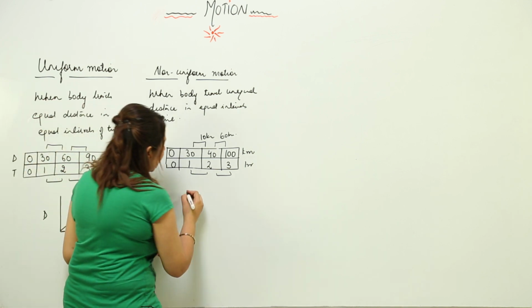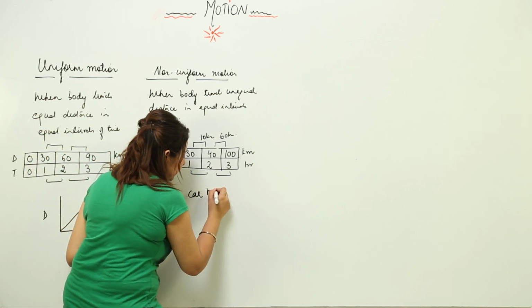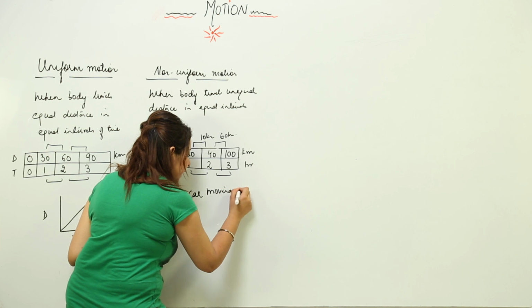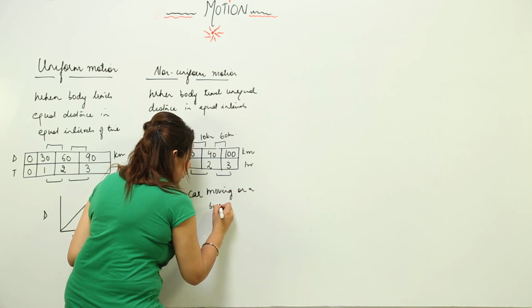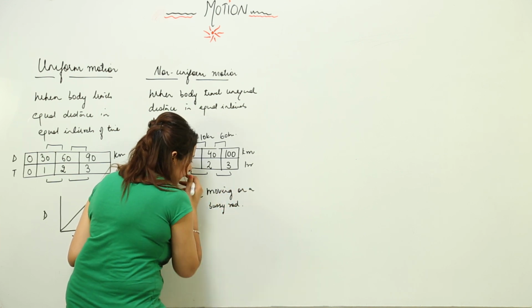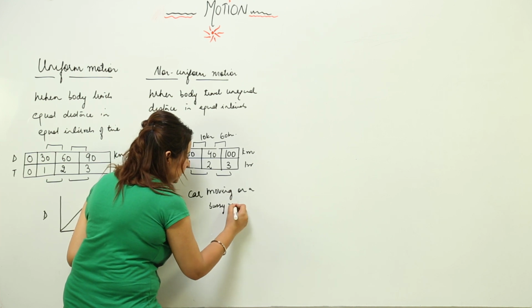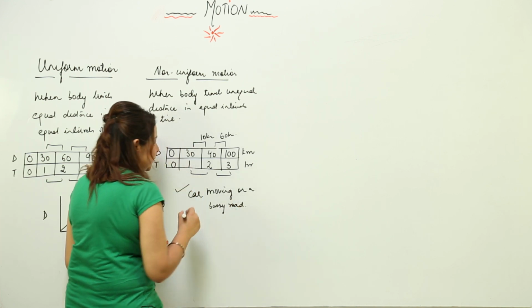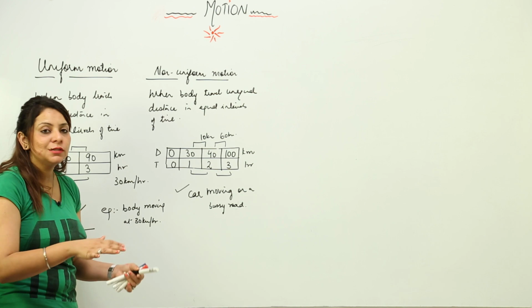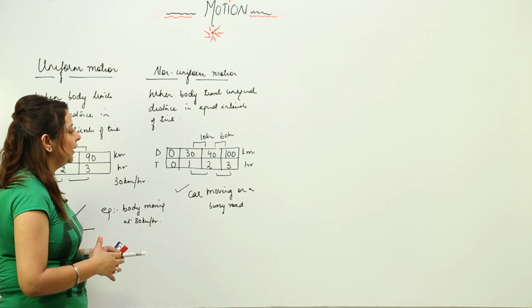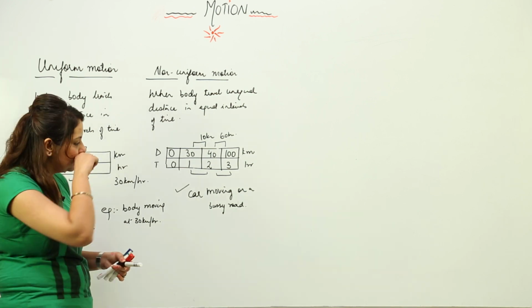For example, a car moving on a busy road with a lot of traffic. Sometimes the car speeds up, and sometimes the car stops. That is the reason we can say the body is moving with non-uniform motion.